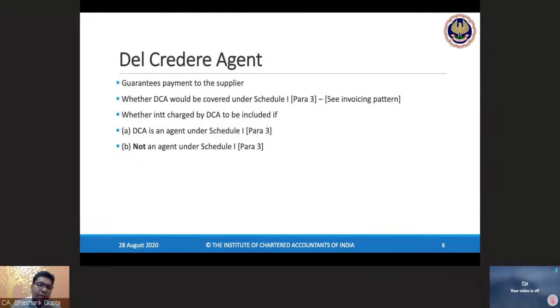And he says, okay, sir, I'll give you orders, I will also ensure your payment. I make sales of 10 crore rupees. 90% of the buyers pay, 10% do not pay. That I charge from the Del Credere Agent. So basically, an agent who ensures payment to the supplier is known as a Del Credere Agent.